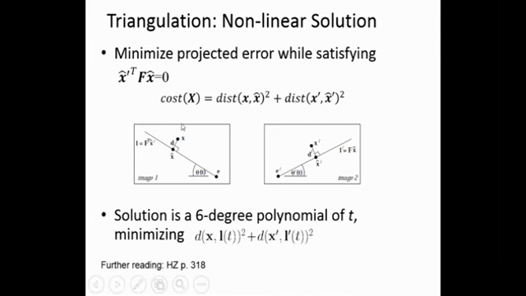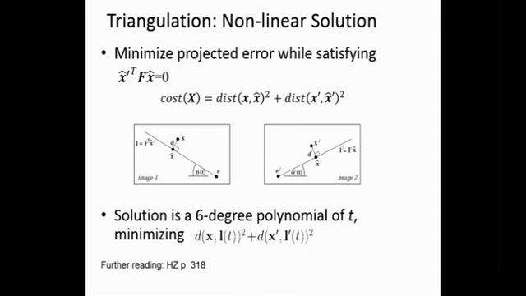So I want to try to minimize this distance, but also constrain the projected points to lie on the corresponding epipolar lines. And it turns out that the solution is minimizing a 6-degree polynomial in terms of a single variable t. But it's complicated, but if you ever wanted to do it, then you would spend a couple hours understanding it, implement it, and then forget it the next day.